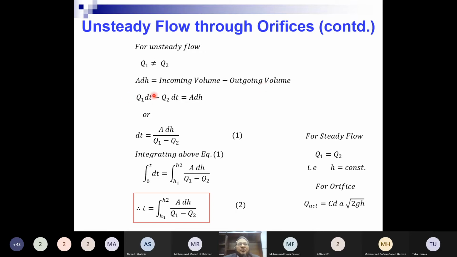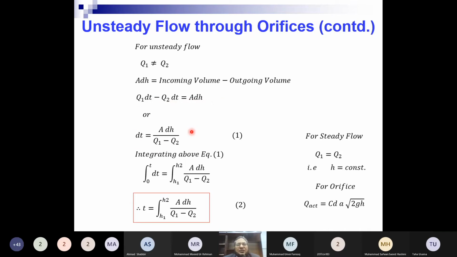And how can we compute the incoming volume in time dt? That is Q1 dt. This is the volume of water which enters the reservoir, minus Q2 dt, the volume of water which leaves the reservoir in time dt. And this is equal to area times dH.